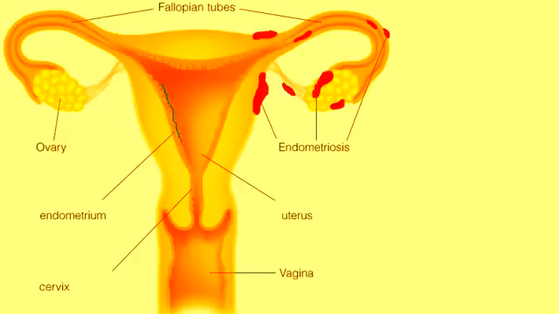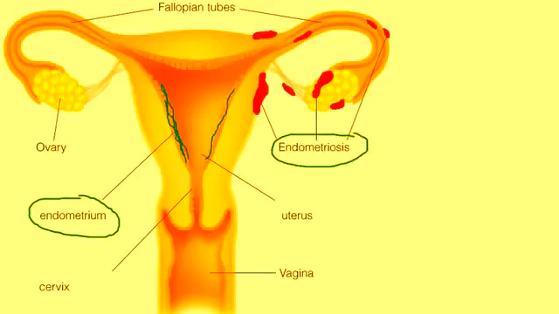This is the endometrium, the inside of the uterus, and there's tissue here. This green area is the normal location. Now look at this right here, endometriosis.